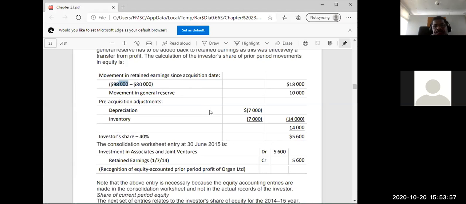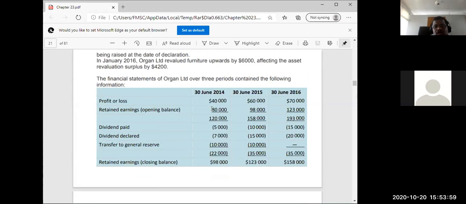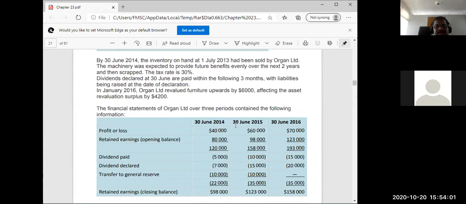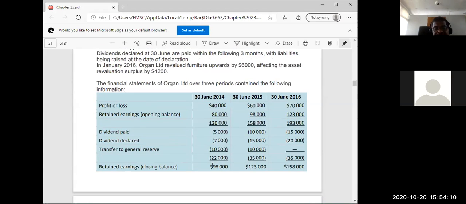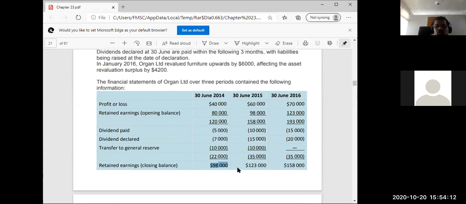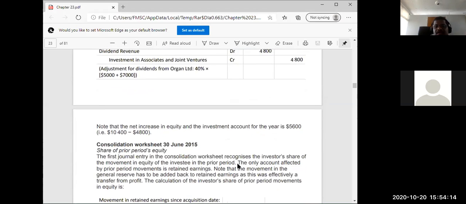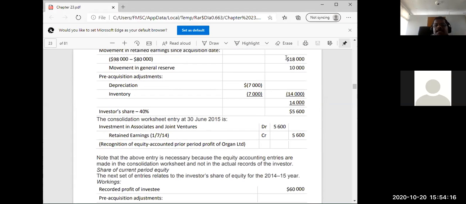If you have the question, you can see the initial equity retained earnings was this much, and the first year-end equity is so much. So what is the difference? The difference is 18,000. And you know that there is a movement in general reserve. You have to add it back.